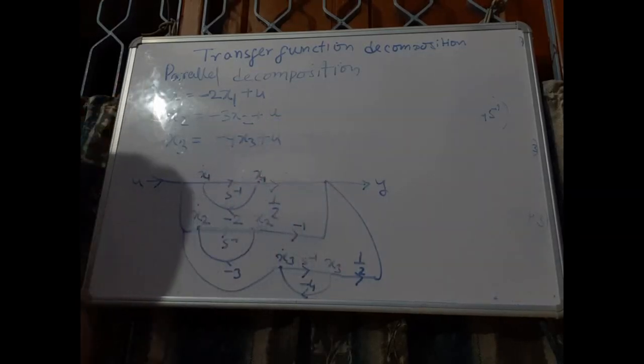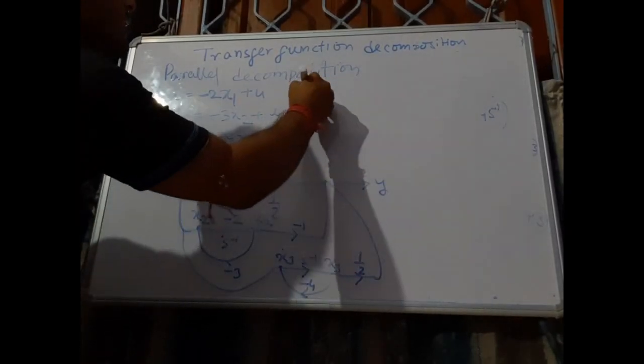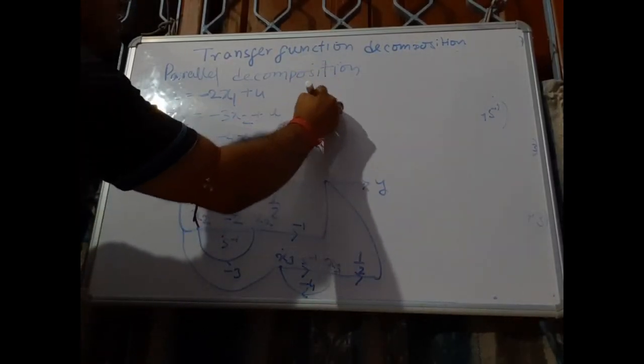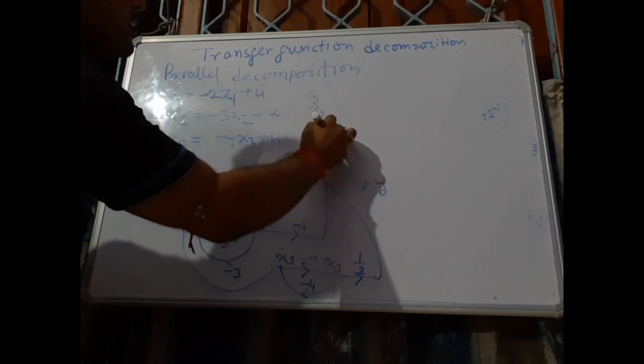So from these three equations we get x1 dot, x2 dot, x3 dot.